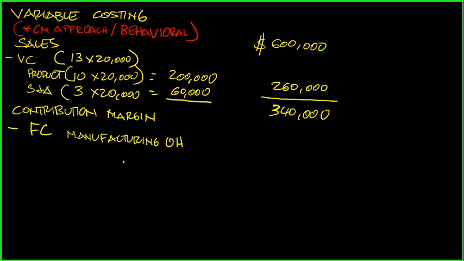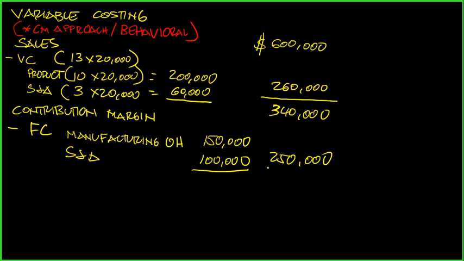Okay, ibig sabihin, they will be deducted 100% against our revenues. Okay, so what is our fixed manufacturing overhead? You have 150. And you also have your selling and administrative expense fixed at 100. Okay, so you now have 250.